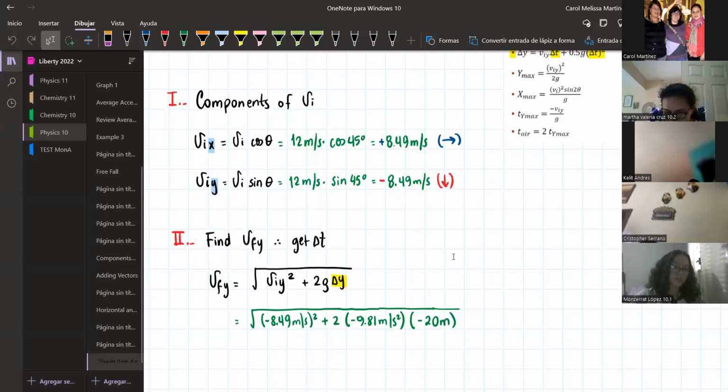Now in your calculator, you're going to do this. The last part that you're going to do is getting the square root.